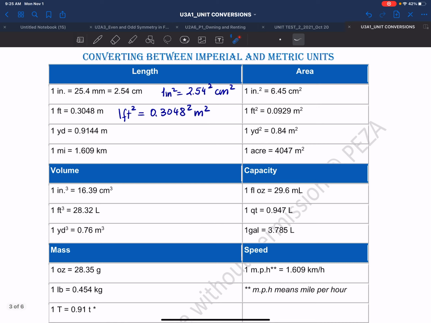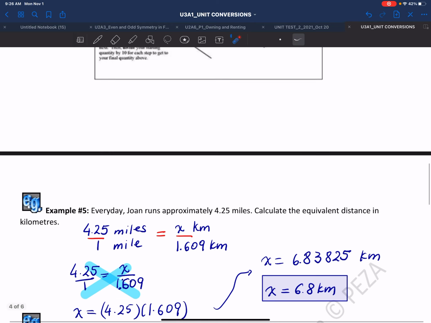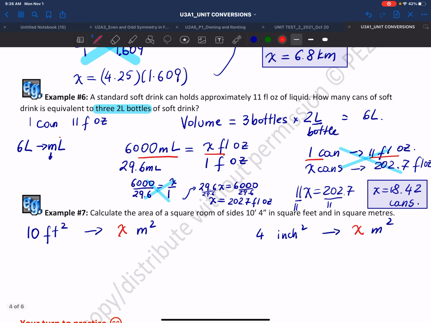So what we do see here is 1 foot is 0.3048 meters. So we're going to say 1, you can look at it actually this way as well. So 1 foot squared, so you can square both of them, but 1 squared is always 1, is 0.3048 squared meters squared.